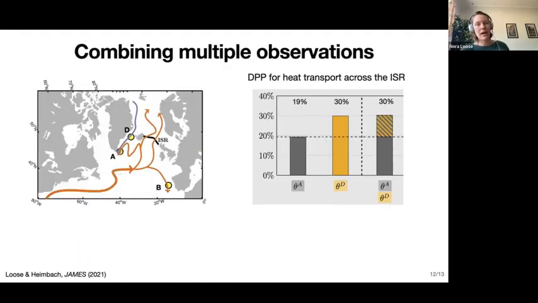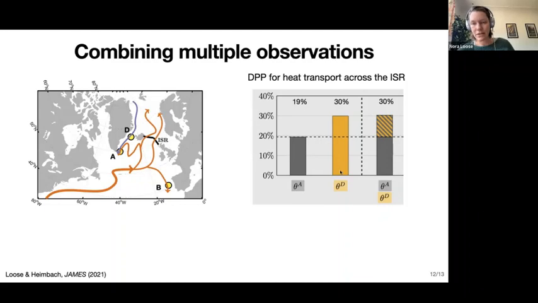So now we can combine multiple observations and ask, what is their combined information content, or what is their combined uncertainty reduction? And that's plotted here on the right. We've seen that the Irminger Sea observation alone would lead to an uncertainty reduction by 19% in our transport quantity of interest.